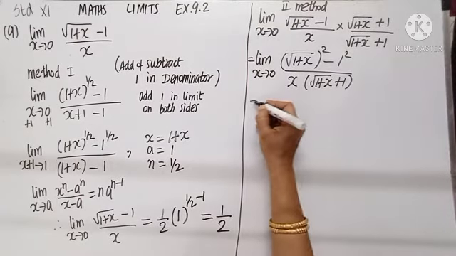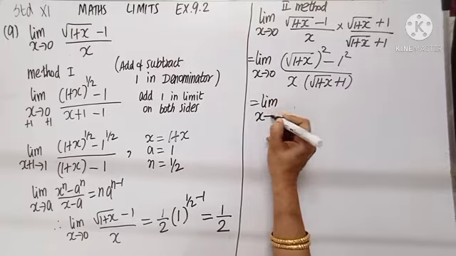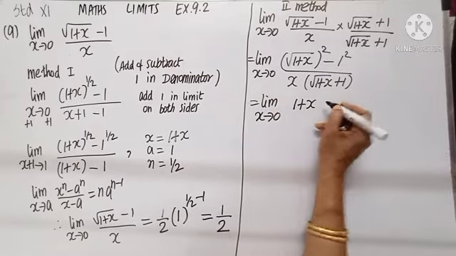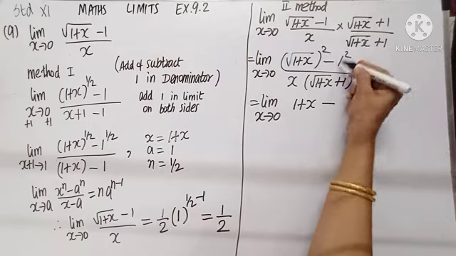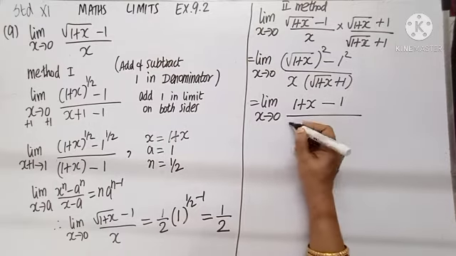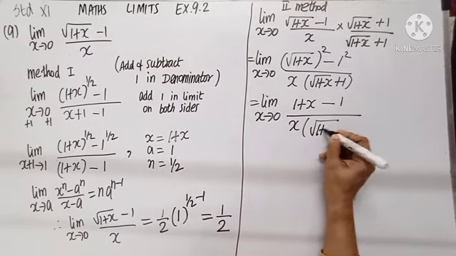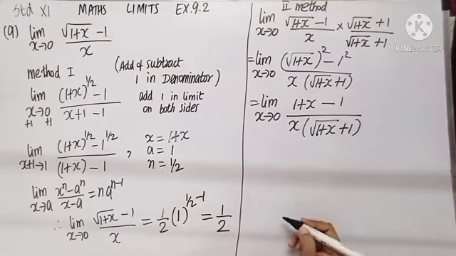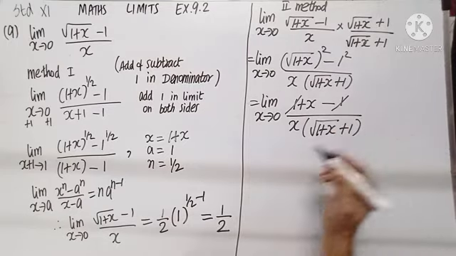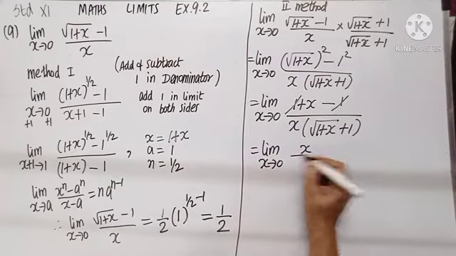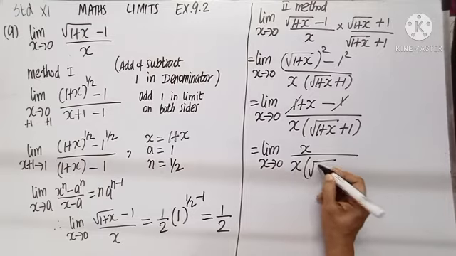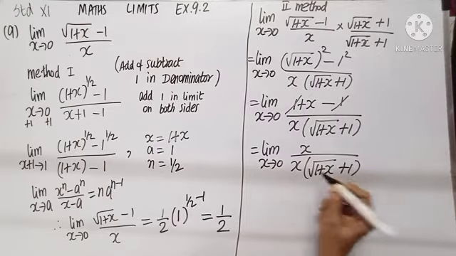As I simplify, it is limit x tends to 0, 1 plus x, root and square cancels. 1 square is 1. Denominator x into root of 1 plus x plus 1. Cancelling 1, I am left with limit x tends to 0, x by x into root of 1 plus x plus 1.